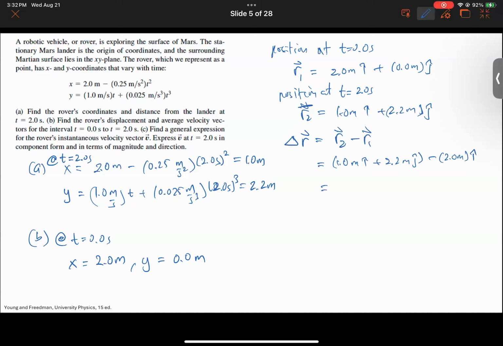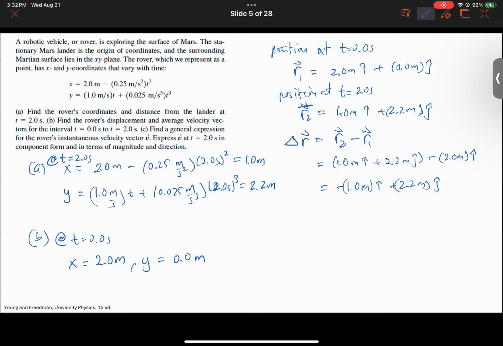Or this is equal to negative 1.0 meters i hat plus 2.2 meters j hat. So ang nangyari is yung rover nag-move ng 1 unit towards the negative x-axis, and after 2 seconds, parang nag-move siya towards the left.